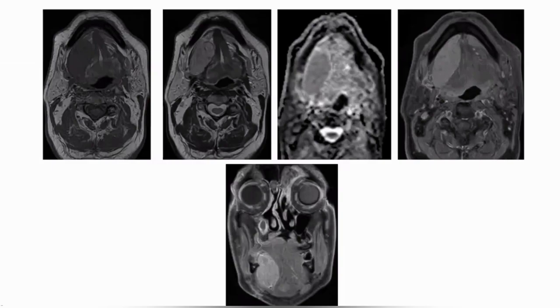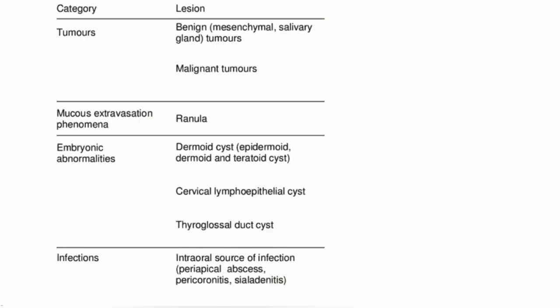So this case was biopsied and resected, and it turned out to be salivary gland sublingual adenocarcinoma, poorly differentiated. I will just go over quickly the differential diagnosis of lesions within the floor of mouth. There can be tumors, such as in this case, benign tumors and malignant tumors.